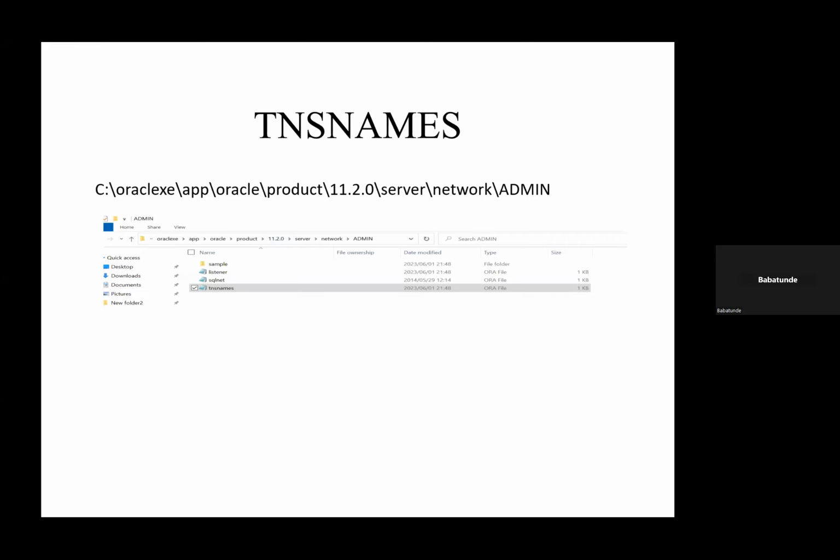Most especially this one that says TNS name. It is very, very important. If you want to connect to any of the databases, your TNS is very important. That is the description of your database. You use this file to connect to the database for any third party.